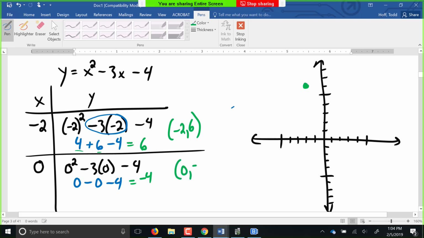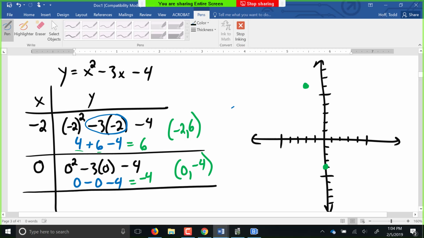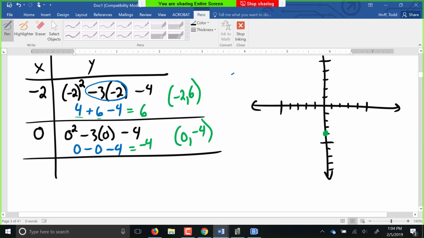So when x is 0, y is -4. That gives me that point on the graph. Well, that's quite a change. Let's see what's going on as we keep moving to the right. Let's try +2. If x is +2, y is 2 squared minus 3 times 2 minus 4.